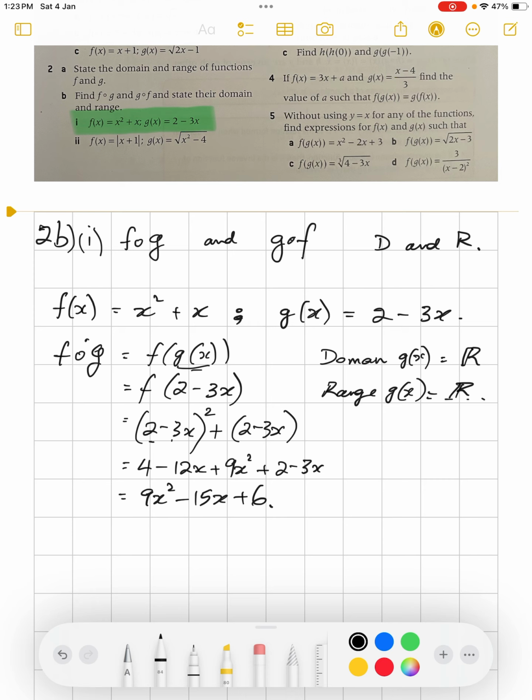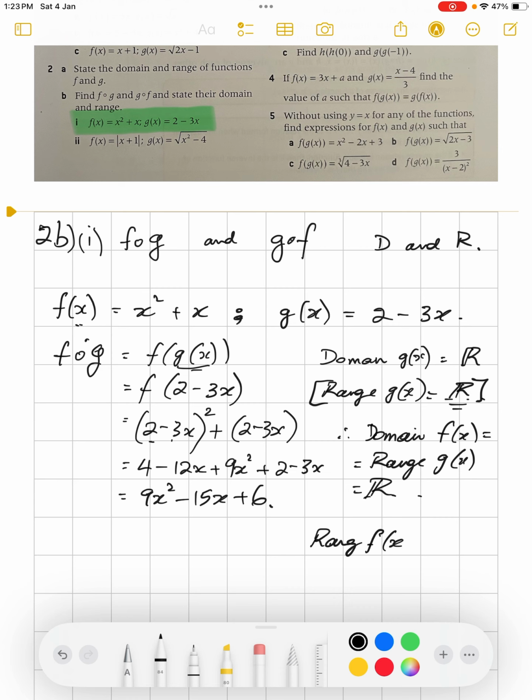So the range of g of x becomes the domain of f of x. So the domain of f of x is the range of g of x, which is all real numbers. Now when you substitute all real numbers into f of x, what is our range of f of x once we've substituted that?